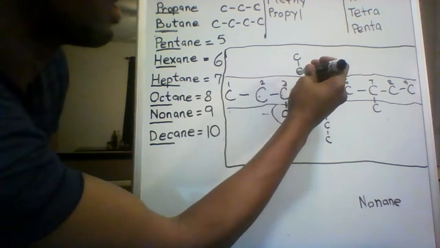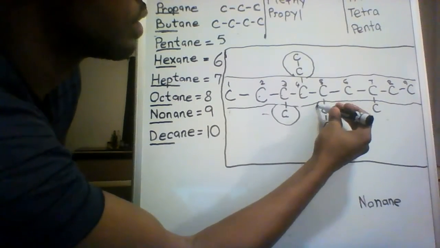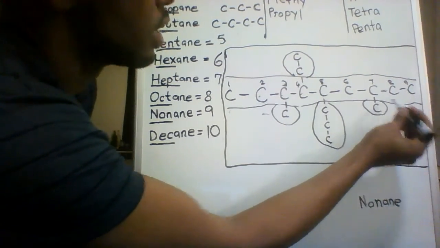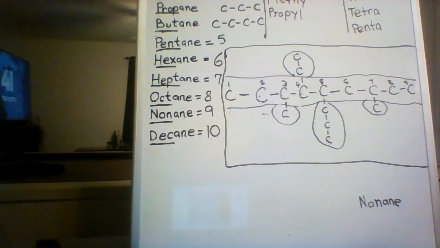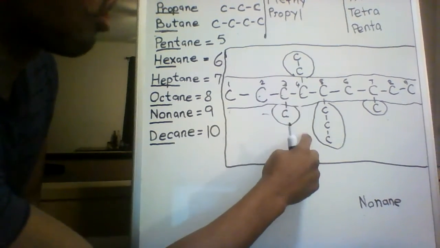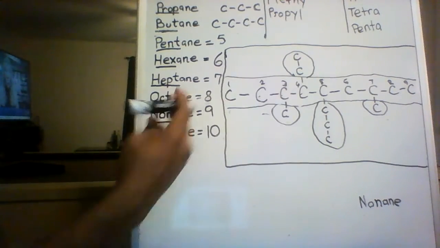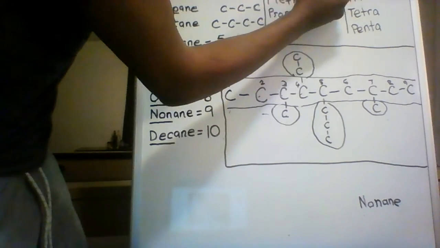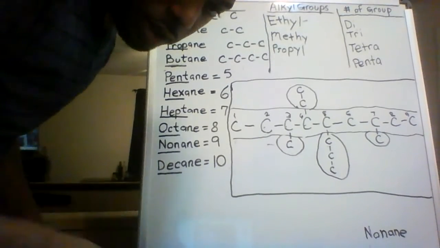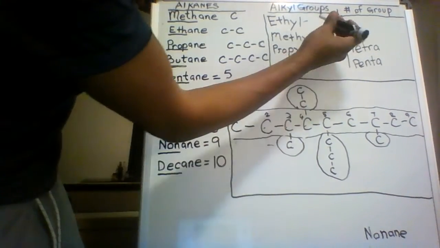So the way you're going to name your alkyls is according to the number of carbons that's on that alkyl. So if there's only 1 C on there, or 1 carbon on there, that's going to be a methyl.